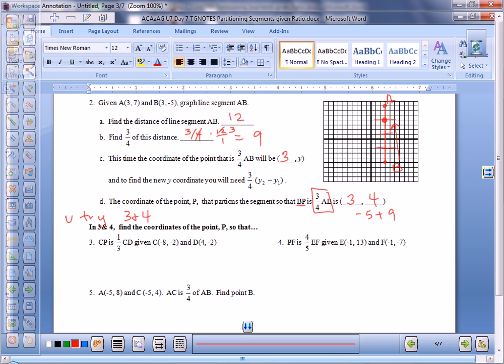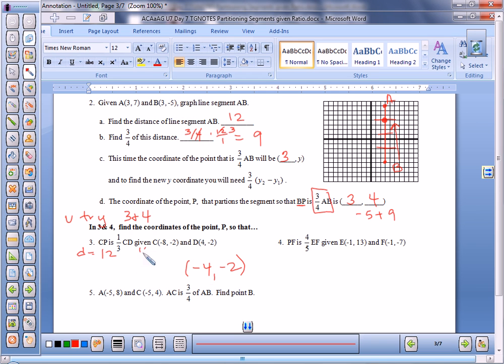Okay, what'd you guys get for number 3? -4, -2. Okay, the way we get this is the distance is 12. So 1/3 of that would be 4.